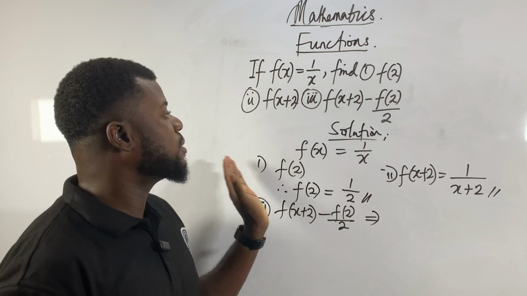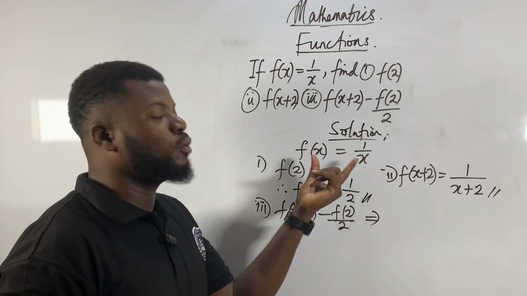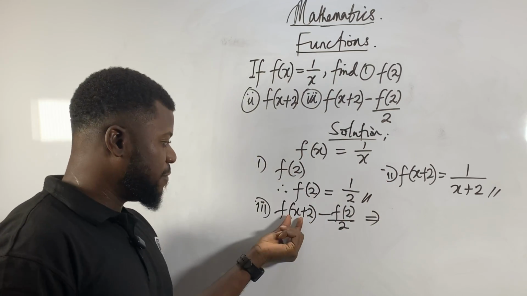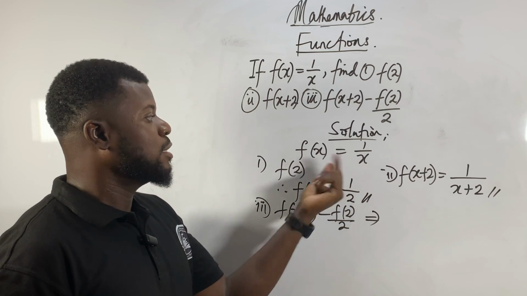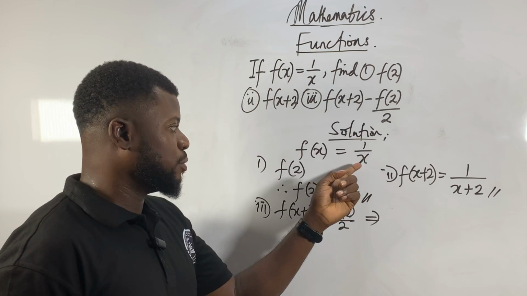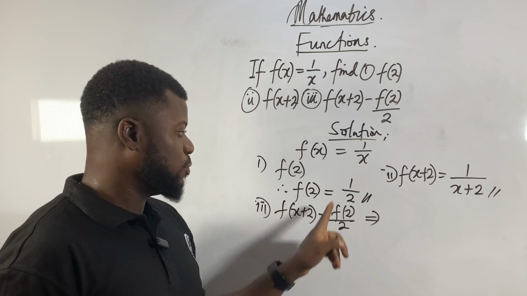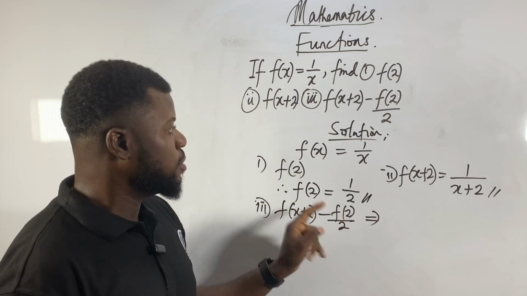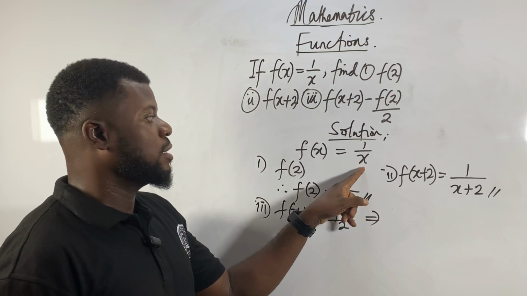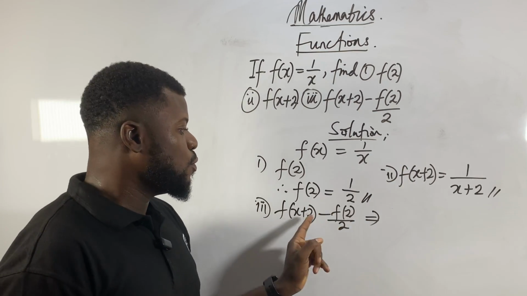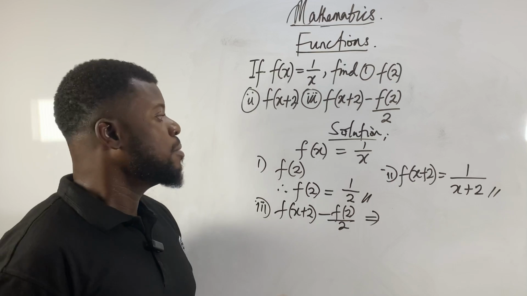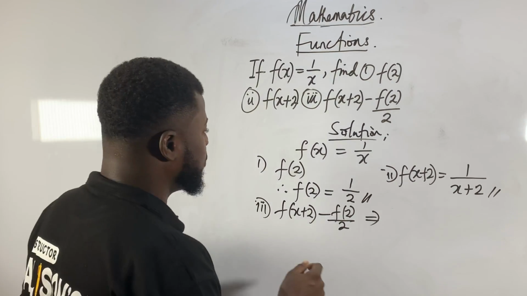But even if they don't give us I and II, if you see this one, run your stuff. Like for f of x plus 2, and then I say x, just put 1 over x plus 2 minus, maybe this one, f of 2, meaning anywhere you see this one, you just put 2, minus 1 over 2, over 2. It's simple. But now, they don't even make it easier for us.